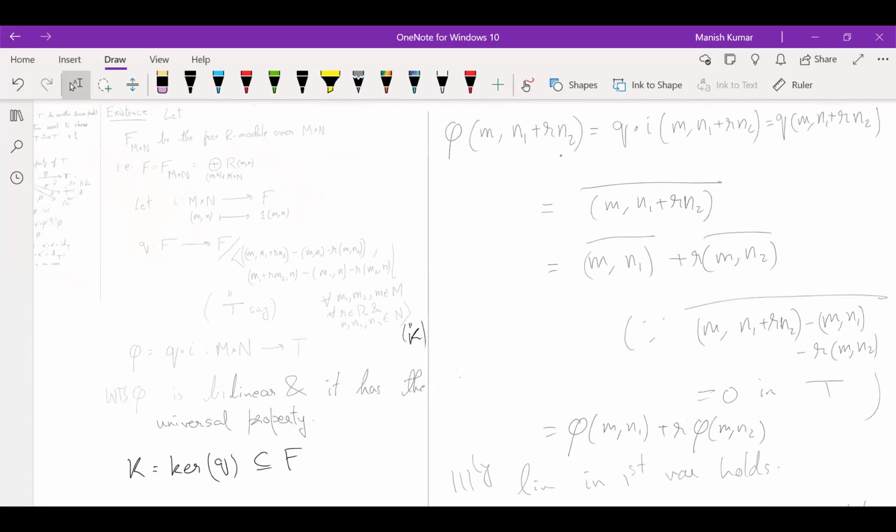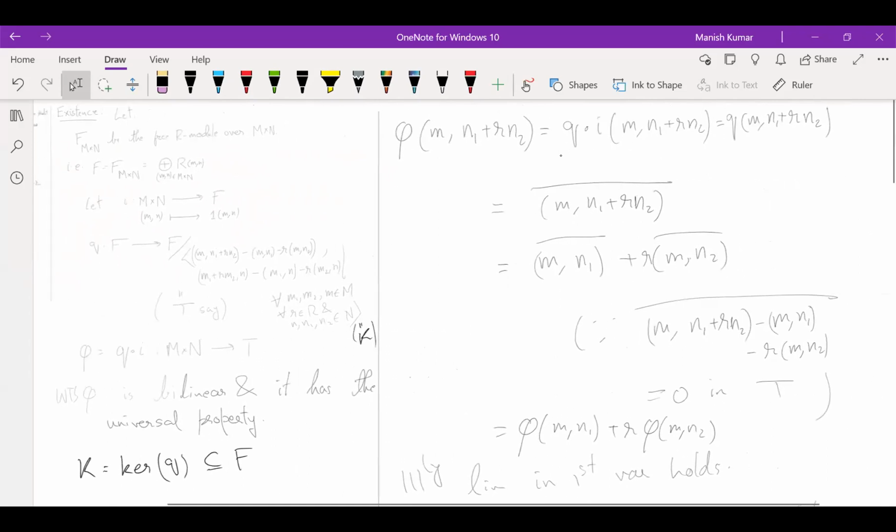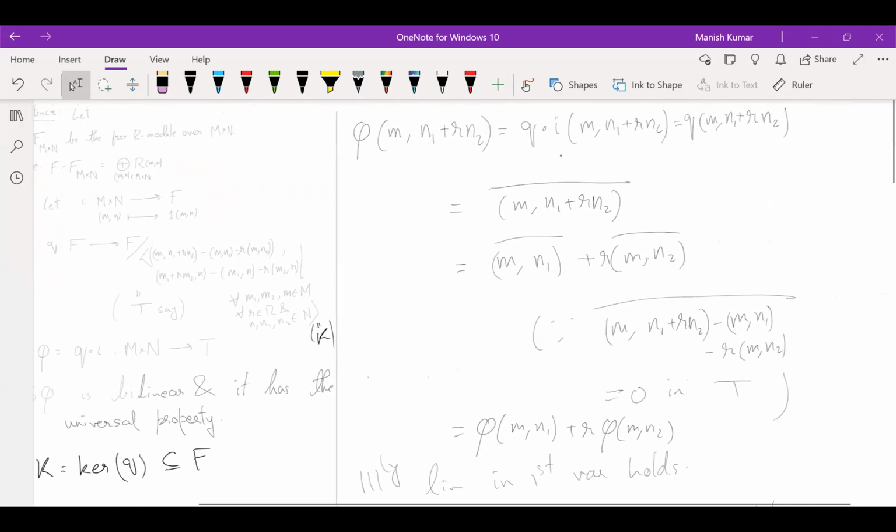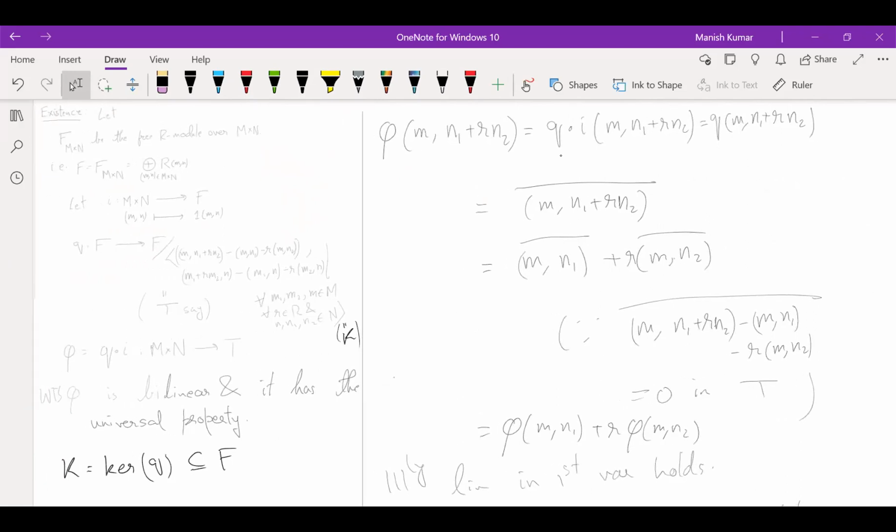We want to show it's linear in the second variable, for all m in M. So you consider phi of (m, n1 + r n2).